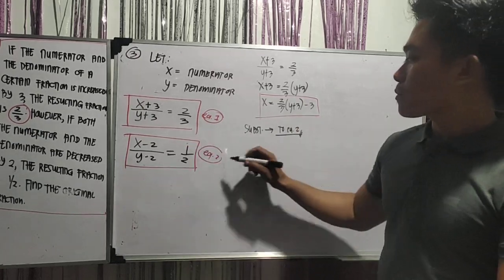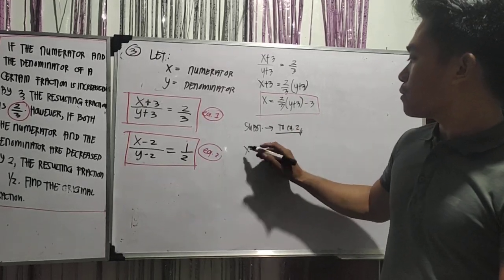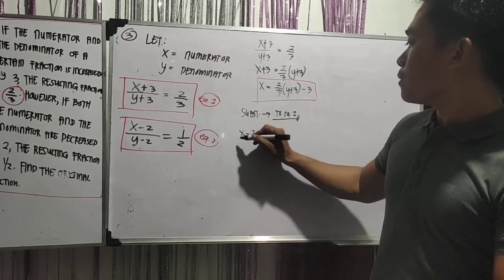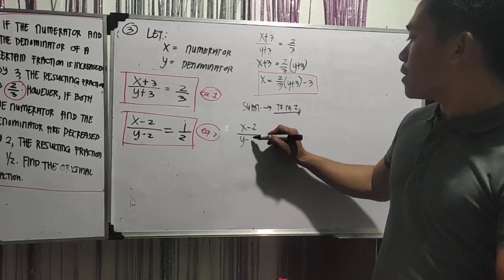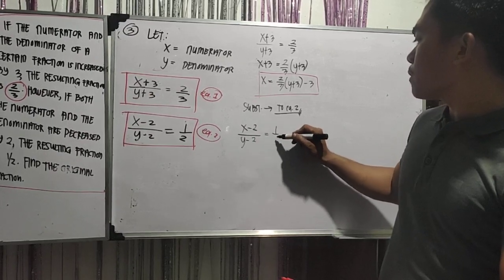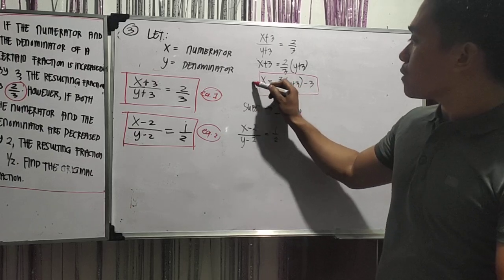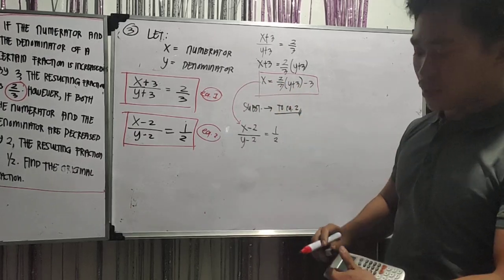What's that? X minus 2 over y minus 2 is equal to 1/2. Now, ngayon yung x ko na ito, substitute ko dyan. So, what is that?